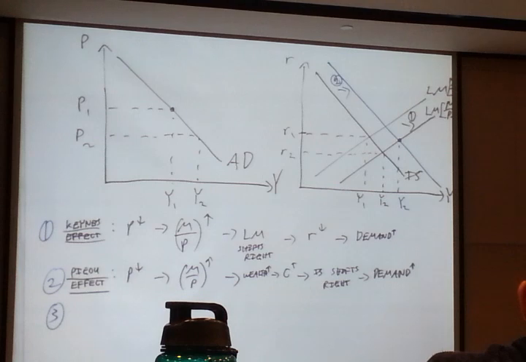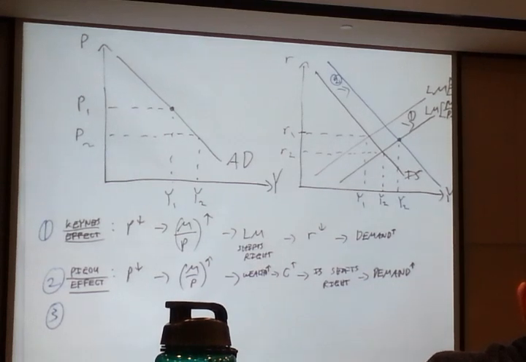So the reason you can go back to applying the micro logic is that the price does not now include all goods. Some goods are missing, foreign produced goods. So when P changes, it's changing the price of some goods relative to other goods. P going down means domestic goods get cheaper than foreign goods. Therefore, people buy more domestic goods, fewer foreign goods. That means net exports rise, IS shifts to the right.